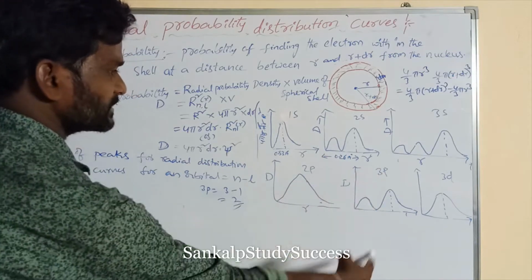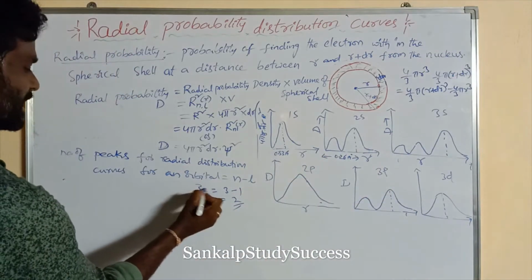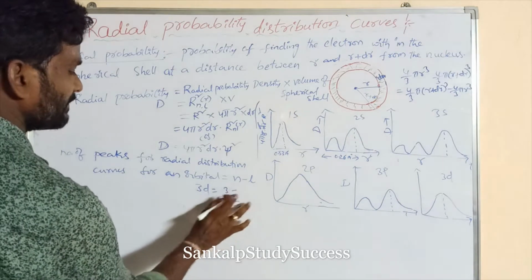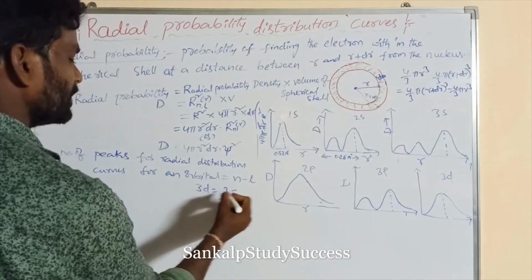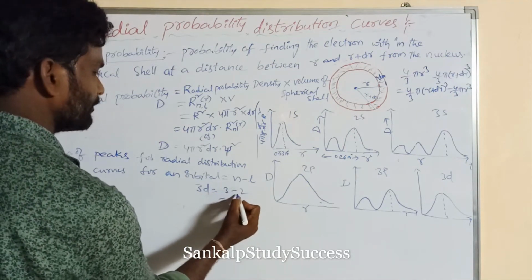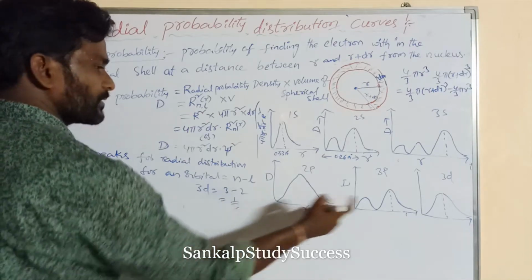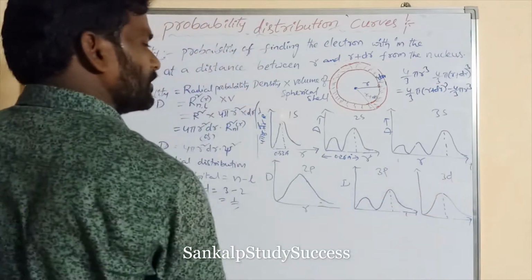How many peaks? 2 peaks. Similarly for 3d, the n value is 3 and the l value for a d orbital is 2. So 3 minus 2 is equal to 1. So 1 peak is present in a 3d orbital.